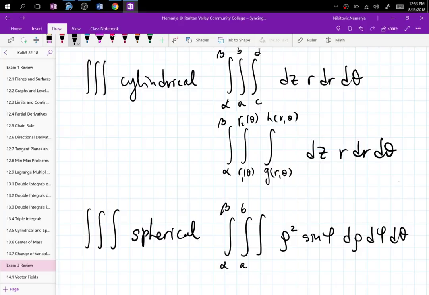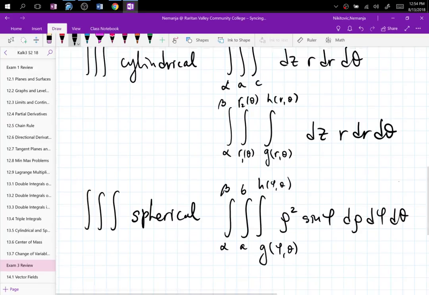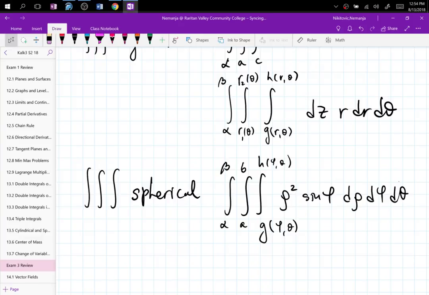And then you have your function G as a function of phi and theta, and you have your function H as a function of phi and theta. So that's the spherical.